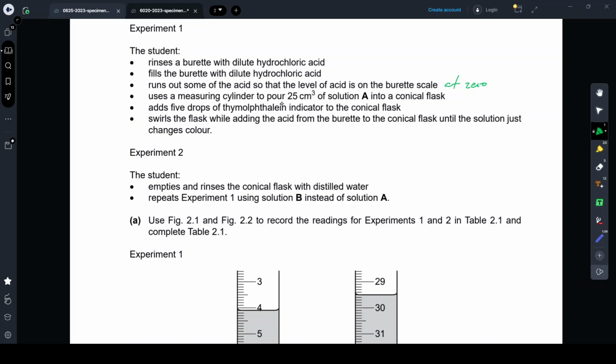Using a measuring cylinder to pour 25 cm³ of solution A into a conical flask, adds 5 drops of thymolphthalein indicator to the conical flask. Swirls the flask while adding the acid from the burette to the conical flask until the solution just changes color. Then the student empties and rinses the conical flask with distilled water. Repeats experiment 1 using solution B instead of solution A. Okay.